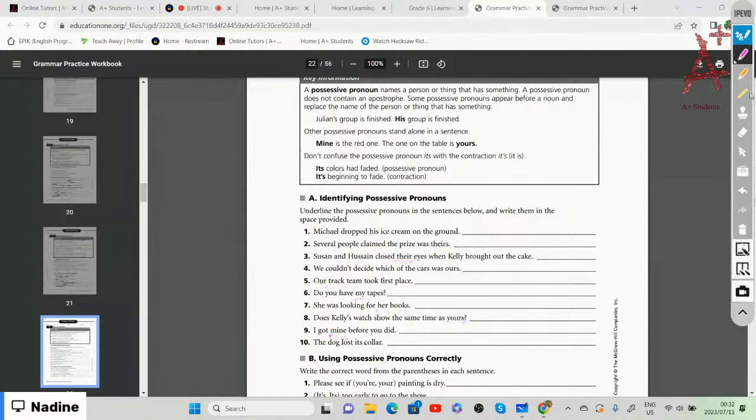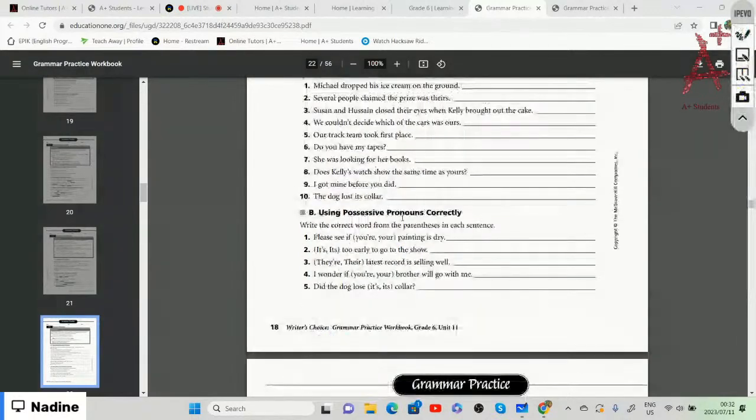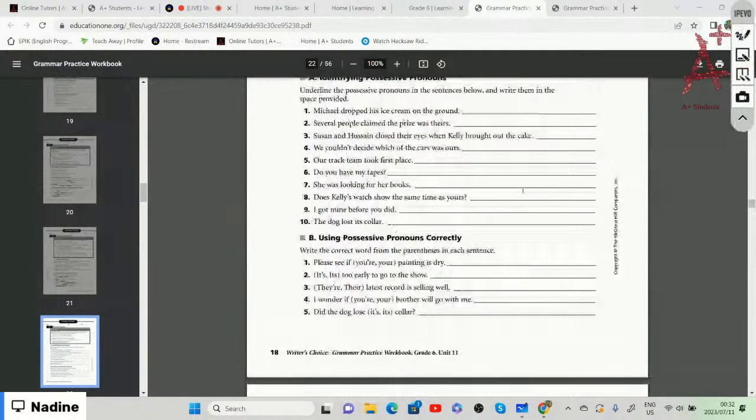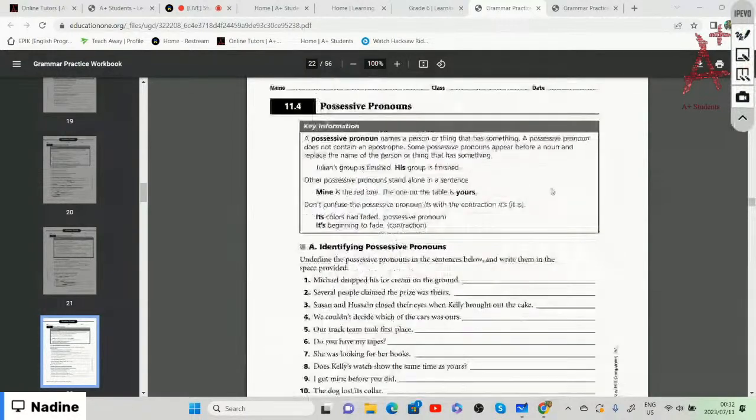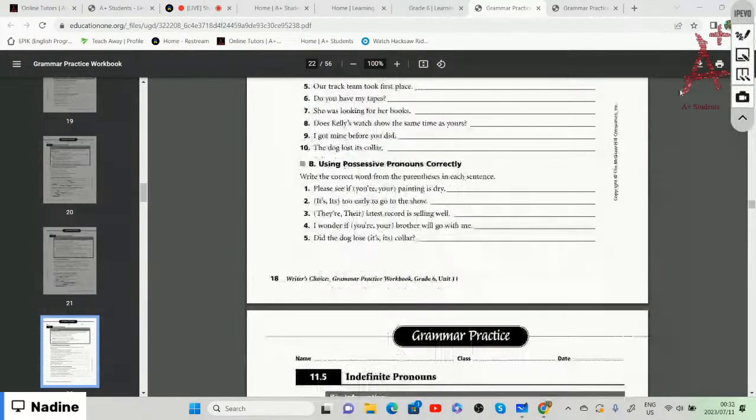All right, let's go to the next activity, activity B, which is using possessive pronouns correctly. And remember we said that a possessive pronoun does not contain an apostrophe. So within this activity, we are going to use possessive pronouns correctly. It says, write the correct form of the word in parentheses in each sentence.